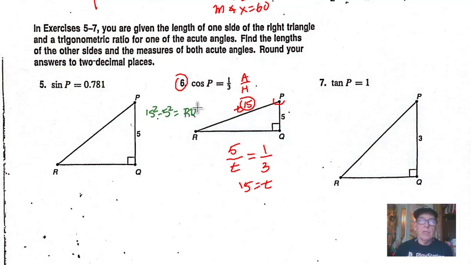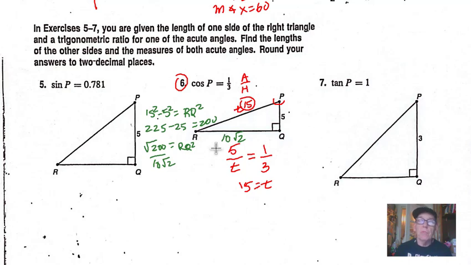That's the other side that we need to find. 225 minus 25 gives us 200. The square root of 200 is RQ. Now, in simplest radical form, 200 is 2 times 100. That's going to be 10 radical 2. So I'm going to use 10 radical 2. But remember, it's square root of 200 in case you need to do calculations. So we got all 3 sides now.